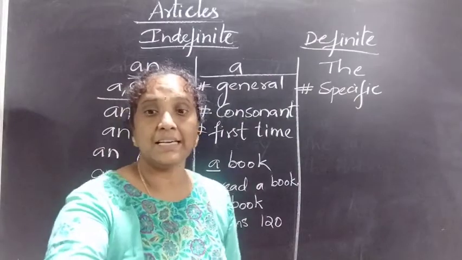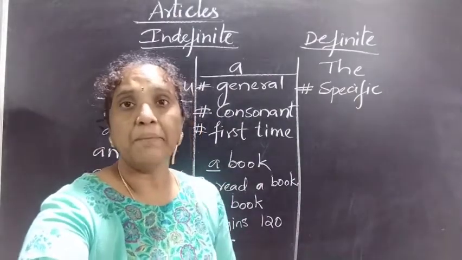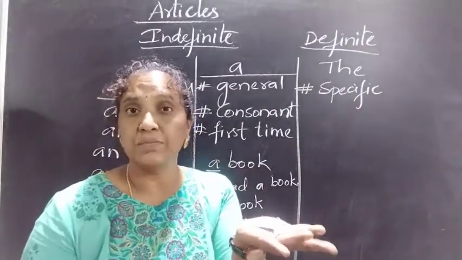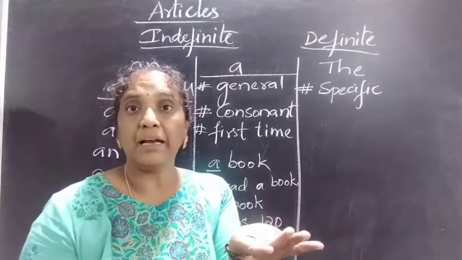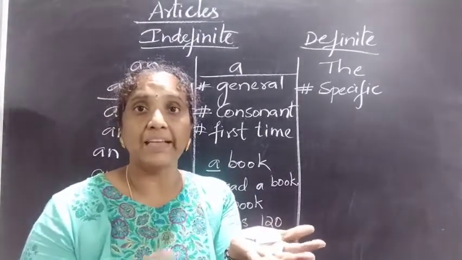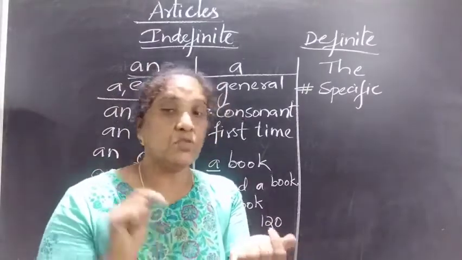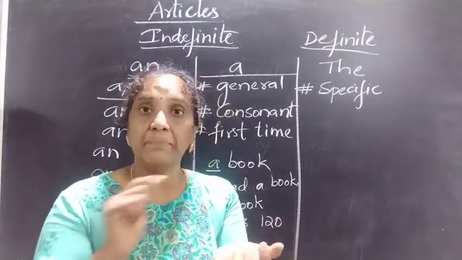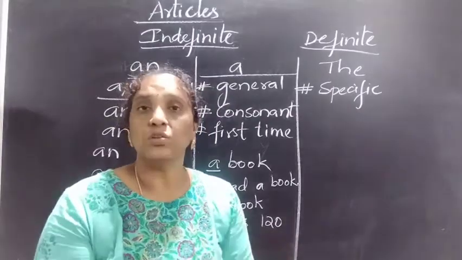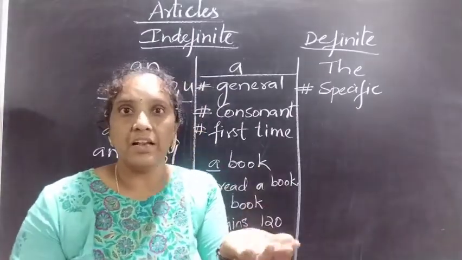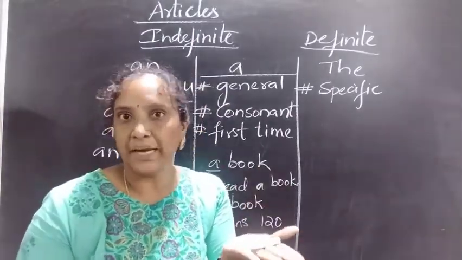So previously I said the chalk pieces are there. Pick up the chalk piece which is bigger. So I am saying pick up. I am not asking you to pick a chalk, because I am particularly mentioning the bigger. So when I am using the bigger, then I say the bigger chalk piece. So the chalk piece which is really big, you are going to pick it up.